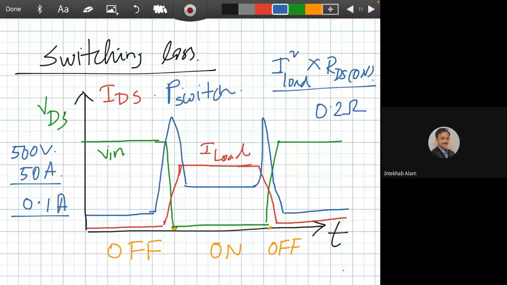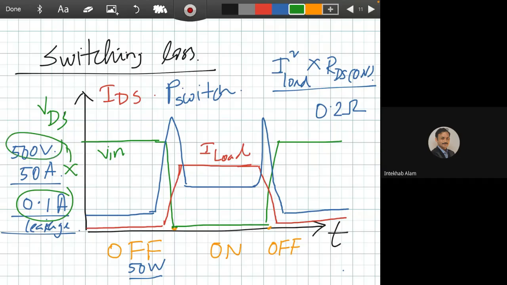Okay, this is the leakage current. If this is the leakage current, then the off-state loss is around 50 watt. We are calculating this one multiplied by this one.